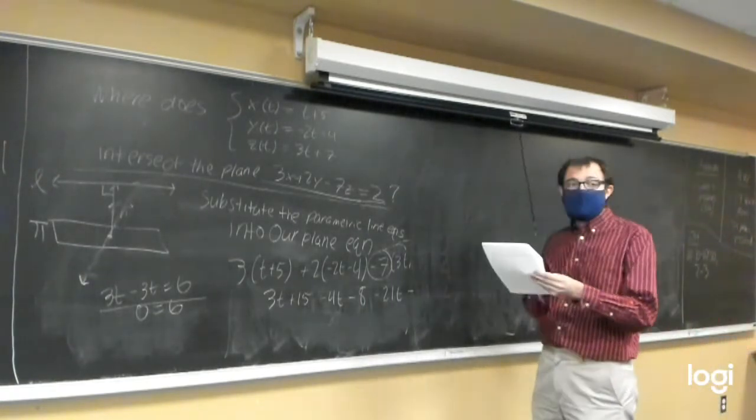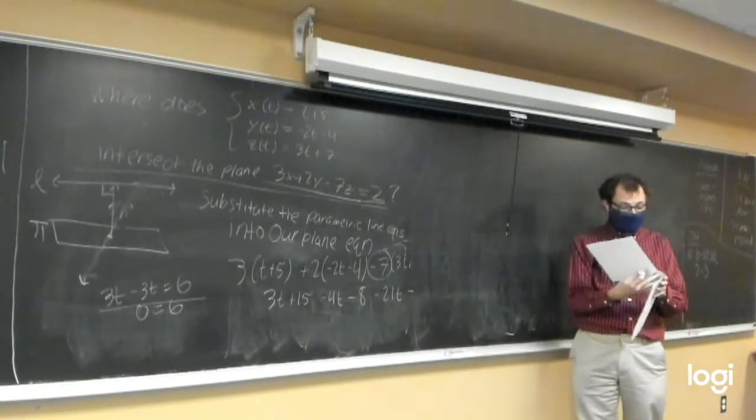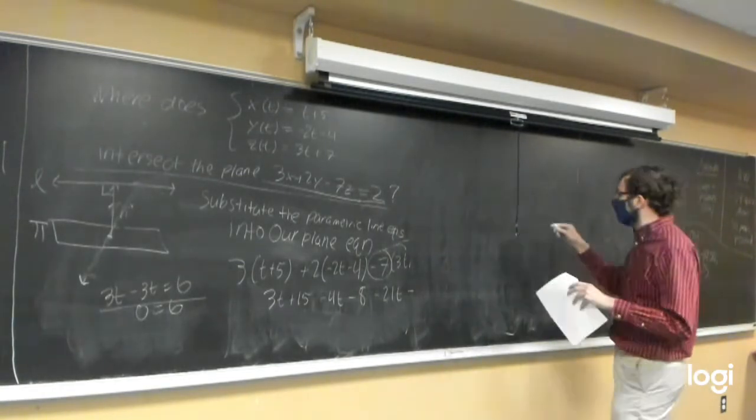So let's say this time, instead of having a line and a plane that we'd like to find intersection points for, we have 2 lines.